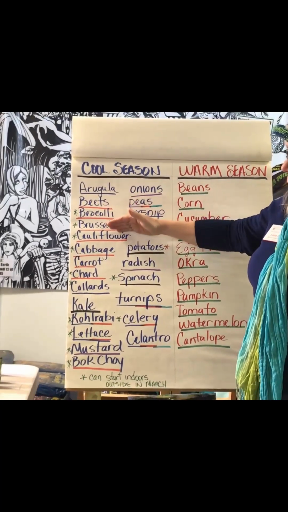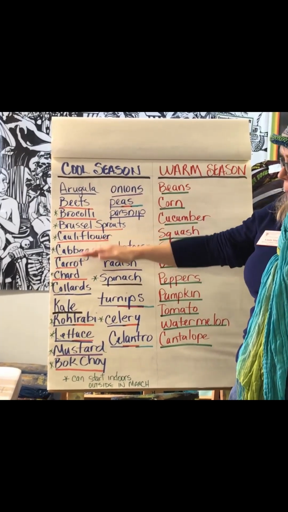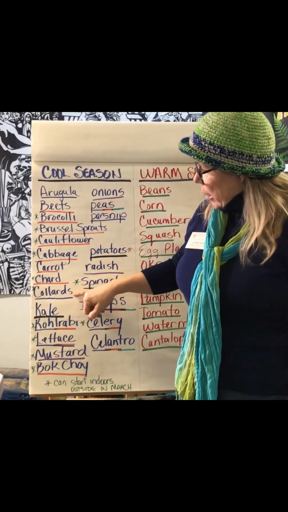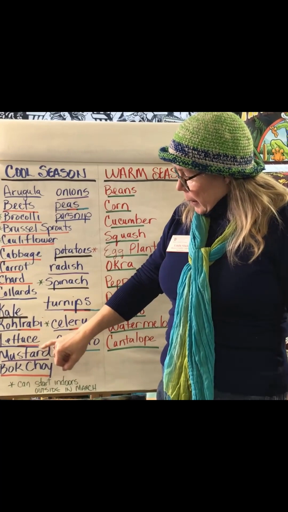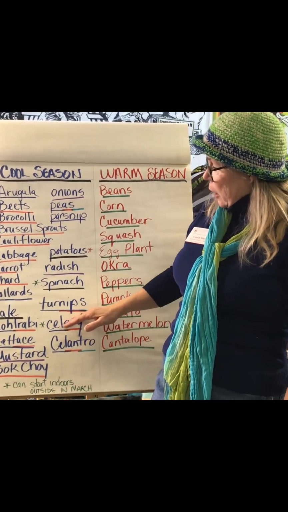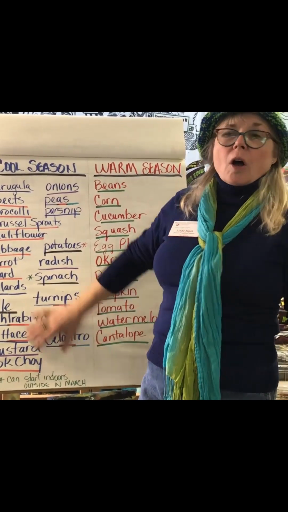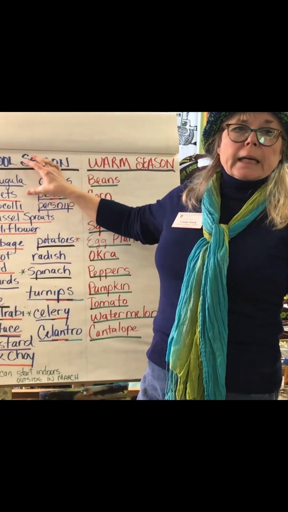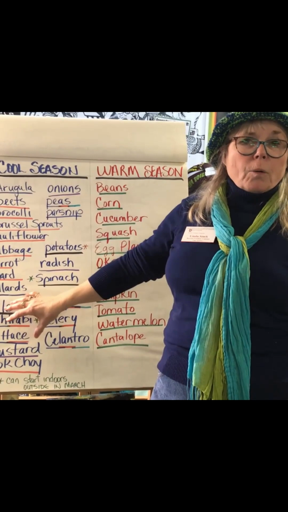Broccoli, Brussels sprouts, cauliflower, cabbage, chard, collard greens, kohlrabi, lettuce, mustard, bok choy, celery, spinach. All of those you can get into the containers now.